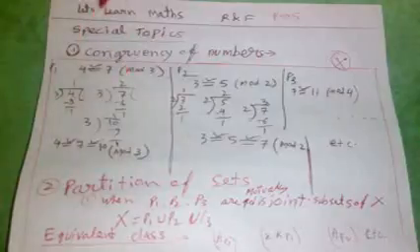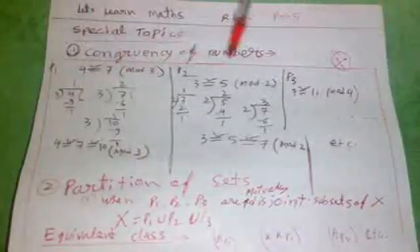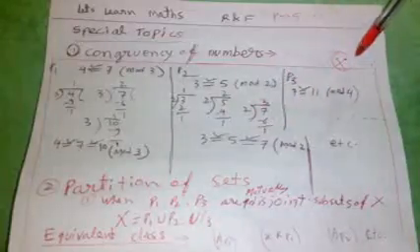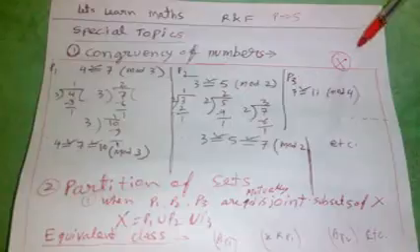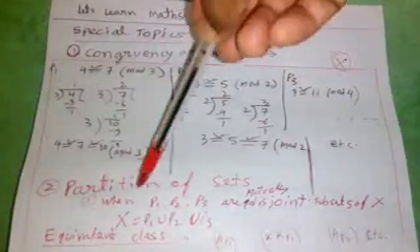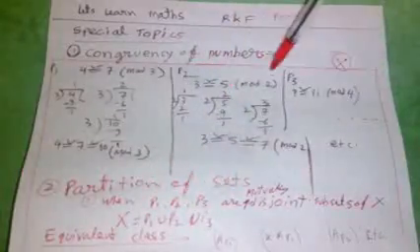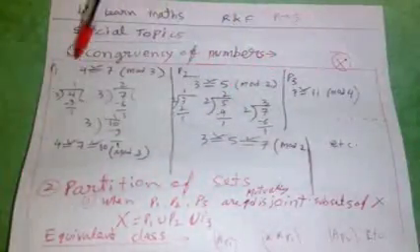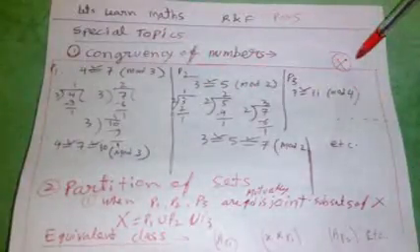This rectangular diagram denotes the whole set x, and this set x is nothing but the union of P1, P2, P3. So we write x is equal to P1 union P2 union P3. These are separate, mutually disjoint sets making a whole set x.